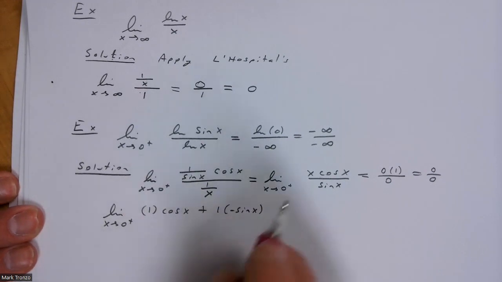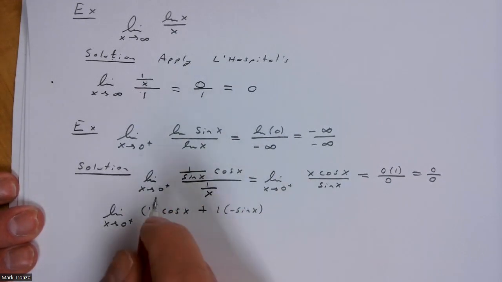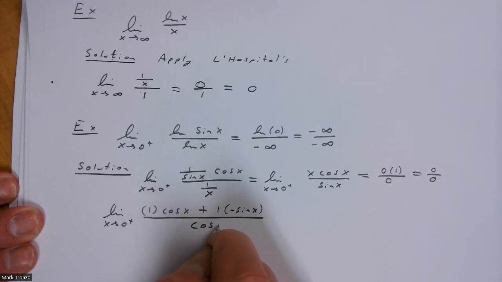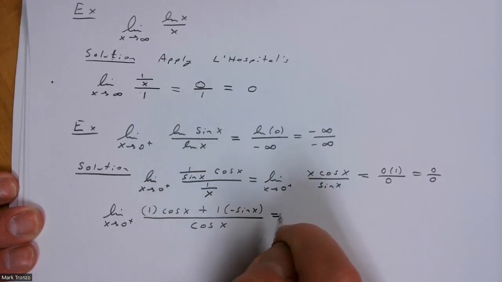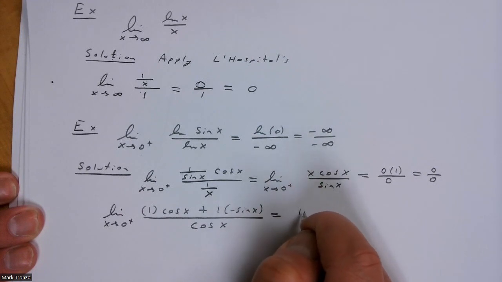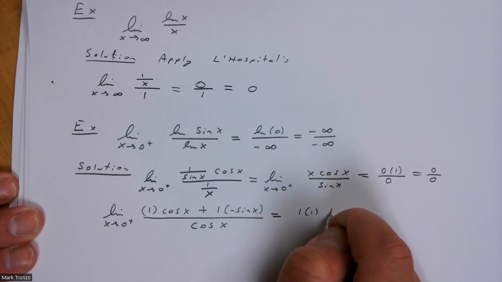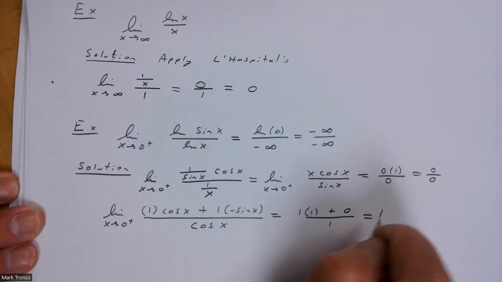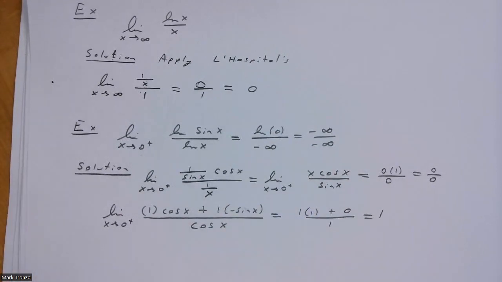We're just doing the product because we're just doing the numerator. And then just do the denominator, cos x. So what do we have this time? This time we're going to have 1 times 1 plus 0 over 1. Looks like the limit is 1. So there we had to apply L'Hopital's rule twice.